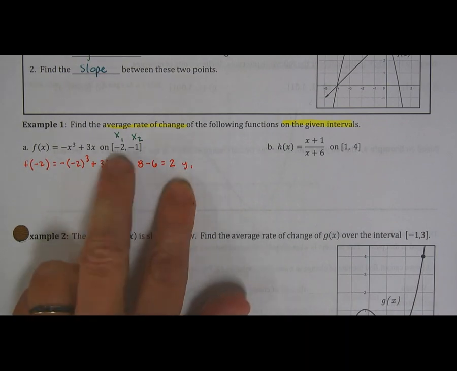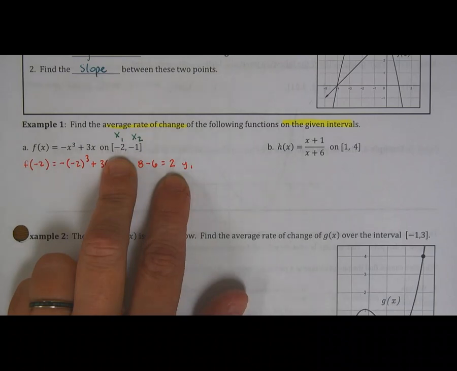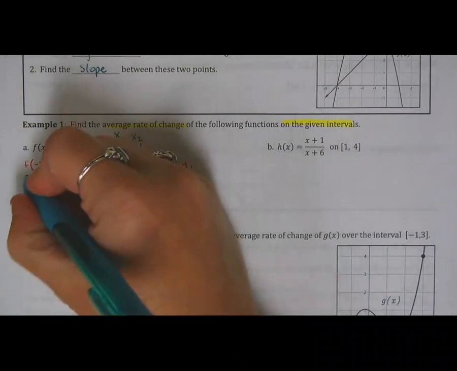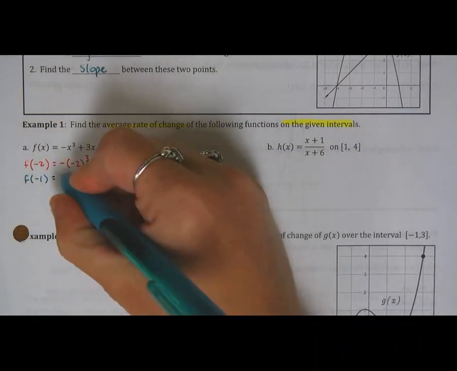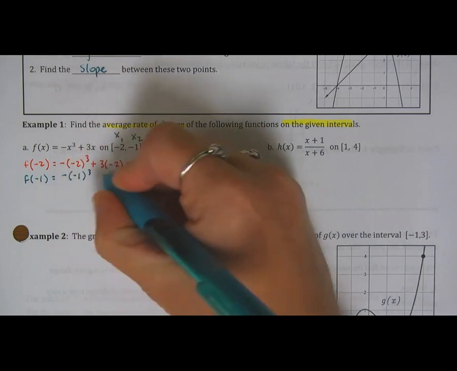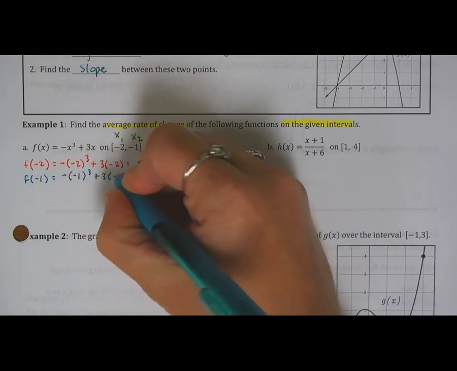So you can think of it as, now I've got an ordered pair. I have negative 2, 2, and now I'm going to see what happens when I plug in negative 1. Take a second and see if you are confident in plugging in negative 1 into the function.